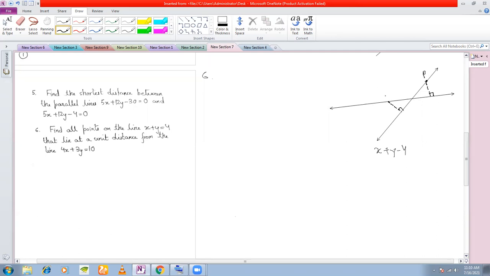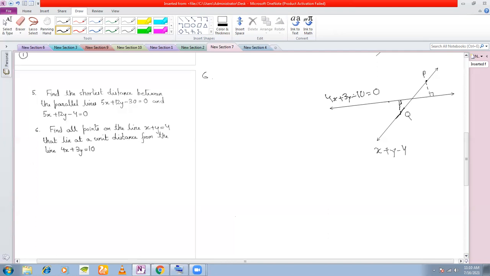So in fact, you're getting 2 points P and Q on this line, which are at a unit distance from the line. I have to draw a perpendicular here. It should be a perpendicular distance. Let's say this. So you have 2 points on the line which are at a unit distance from which line? 4x plus 3y minus 10 is equal to 0.